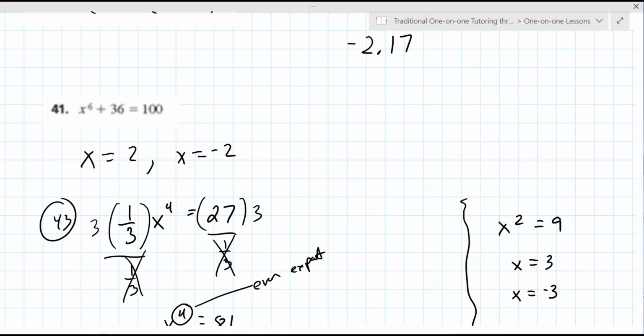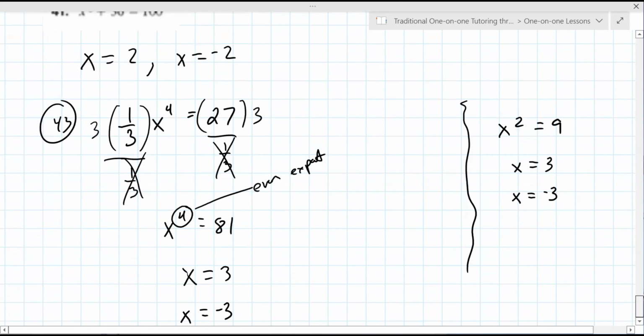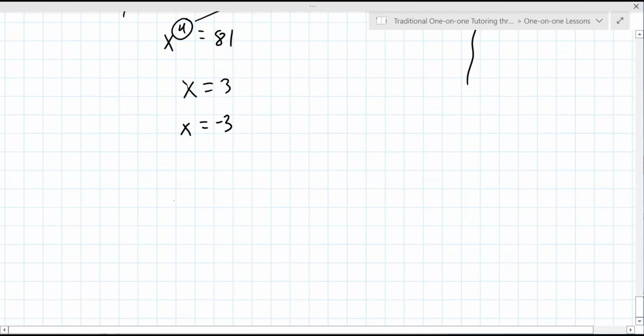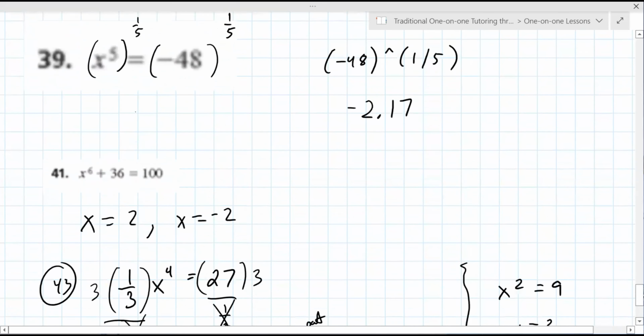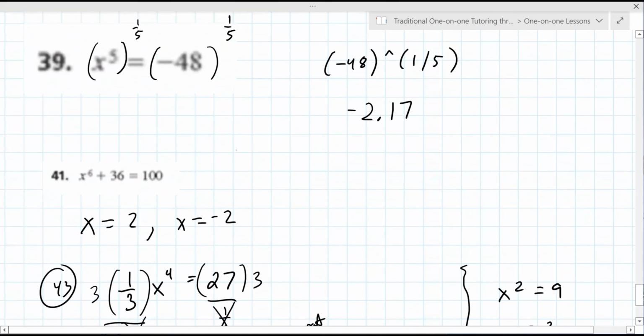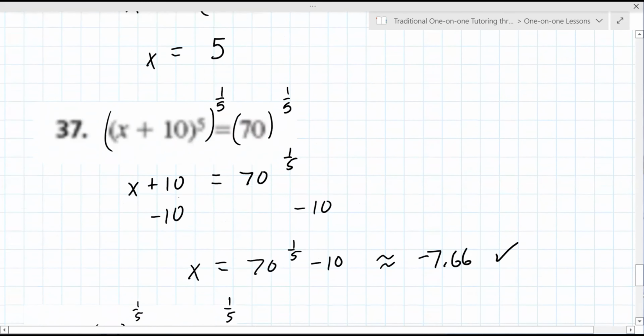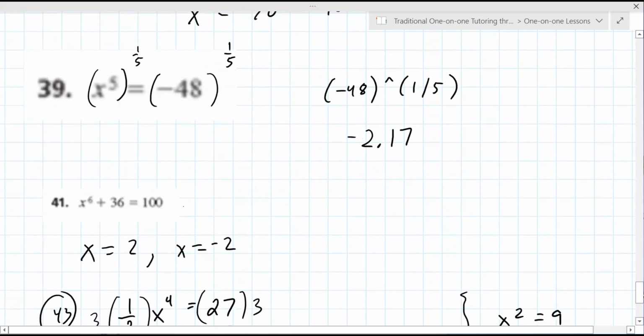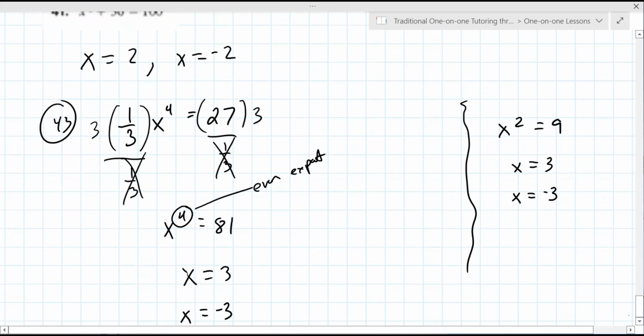How do you know which equations to plug into your calculator and which ones not to? The ones that they tell you with the decimal approximation, like we did up here, those you have to. I guess I'm not quite following.